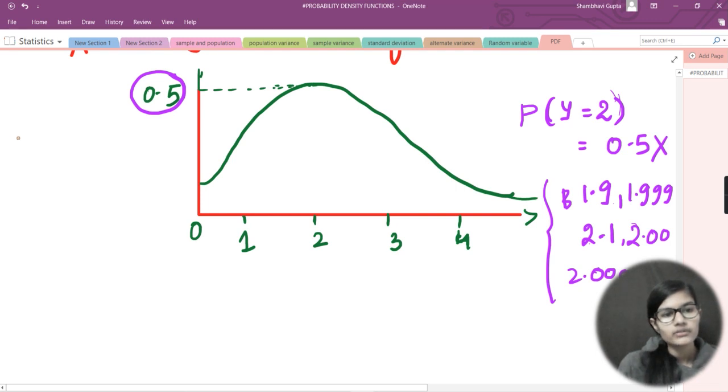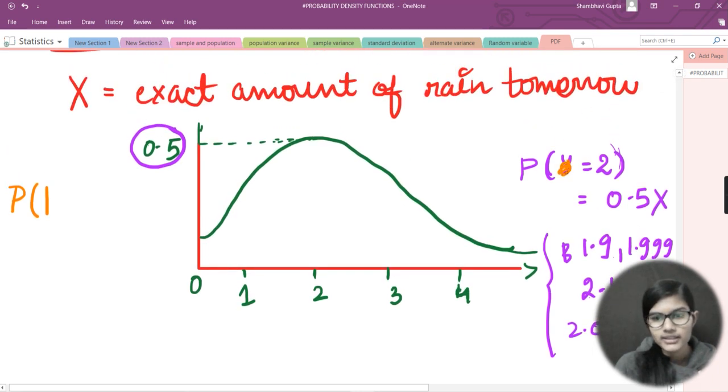If I want to write it in the form of that probability, I'm simply going to write P, and then in brackets there are two ways in which we can write. The first one is probability of x. Sorry, here it's not y, it's x, like we have defined x.